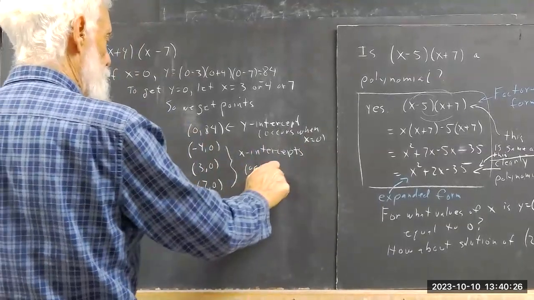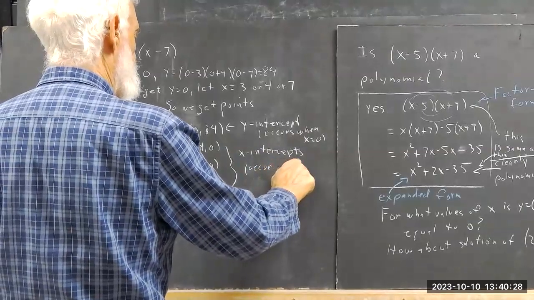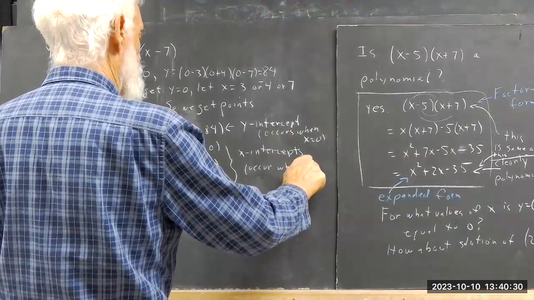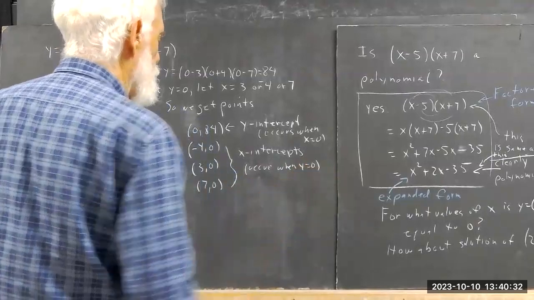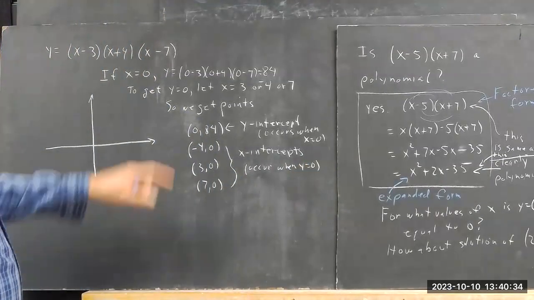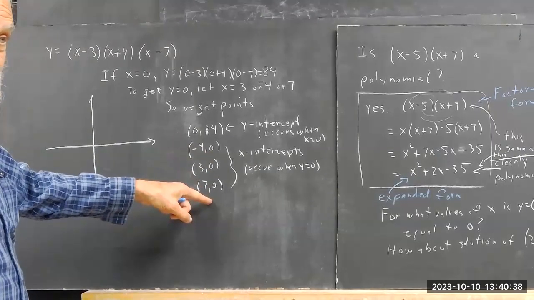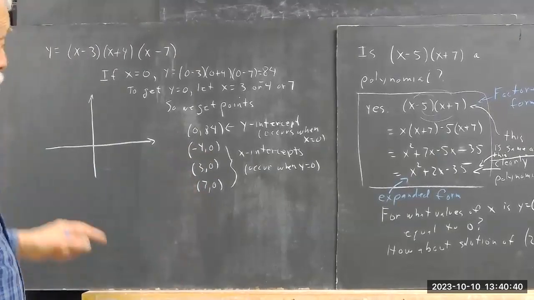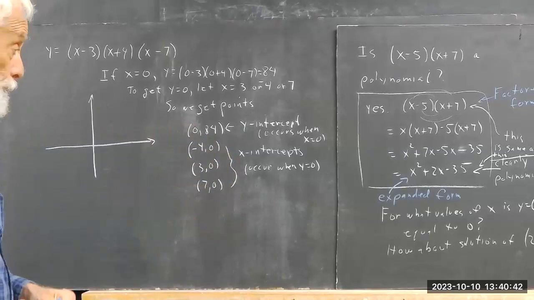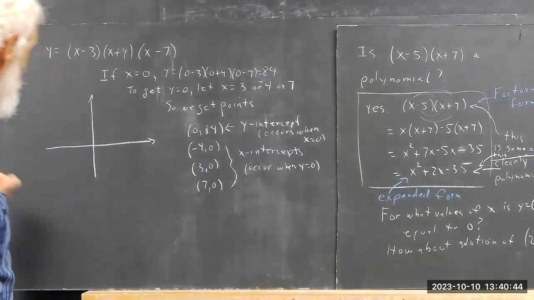These are the x-intercepts. They occur when y equals 0. Why are these x-intercepts? Because their y-coordinates are 0. Y-coordinate is 0 on the x-axis. So -4, 0.